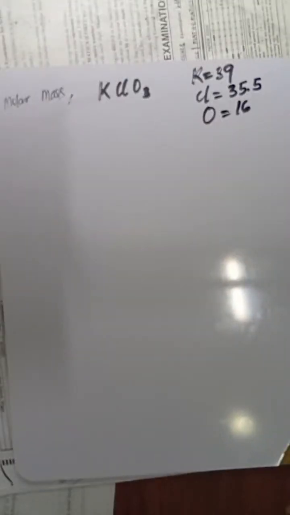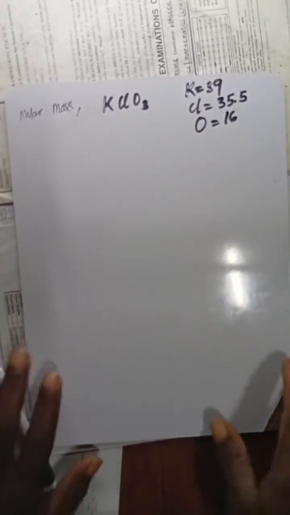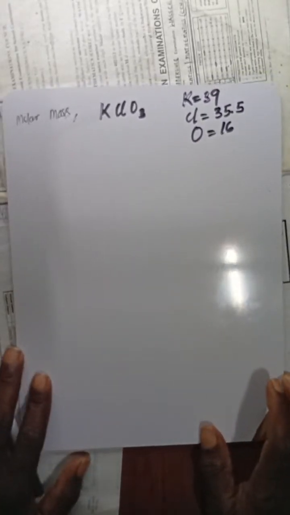So in calculating the molar mass, there are certain things that are important to put in place after you are able to know. But remember, for the exam, it must also be given. It is important to know that it is always given.